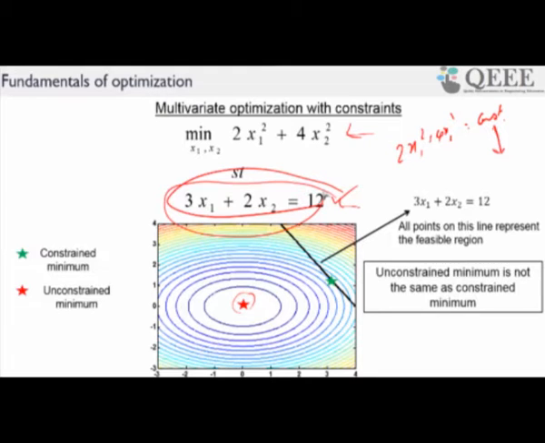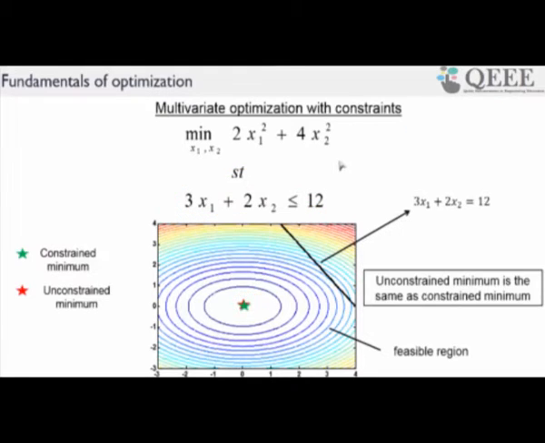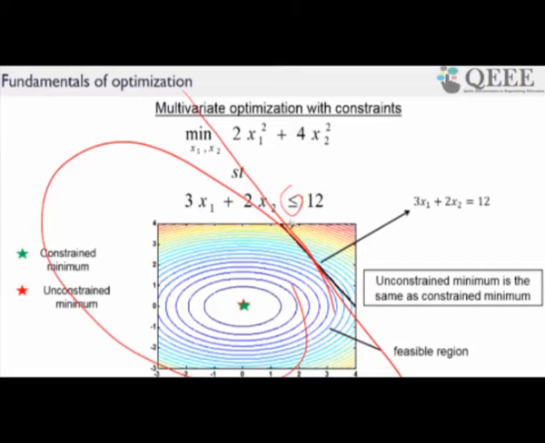Now we will look at what happens if I have an inequality constraint. In the previous case this was equal to, but I now make it less than or equal to. In that case, if I draw this line, any region on this side is okay. In the first case, when I said equal to, the solution had to be on this line.